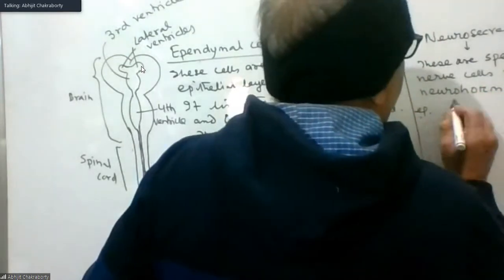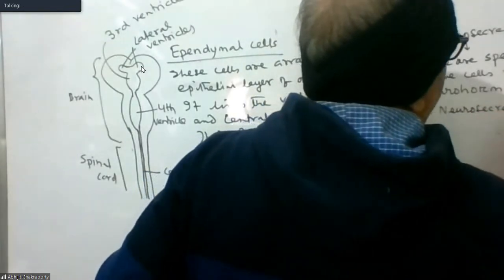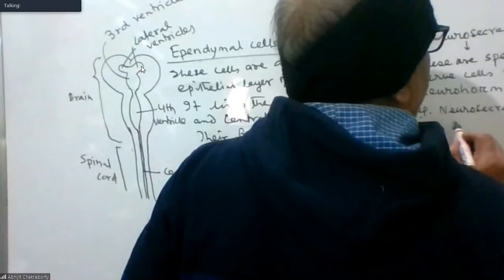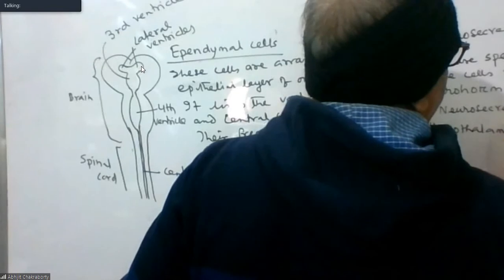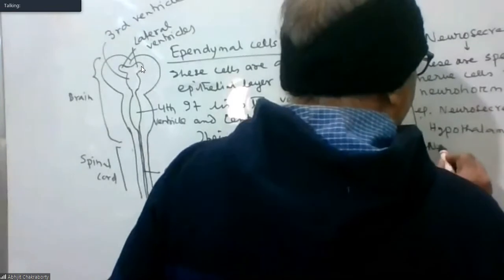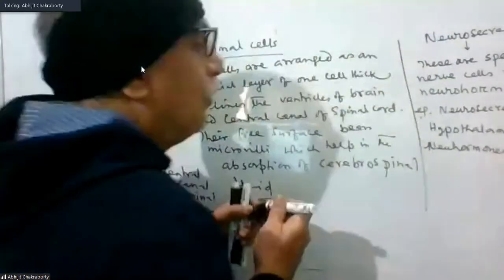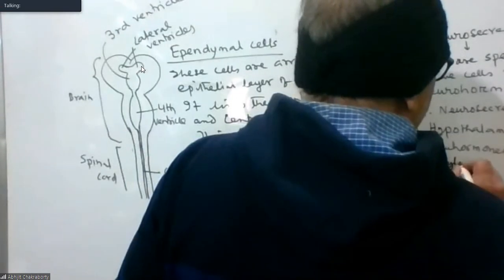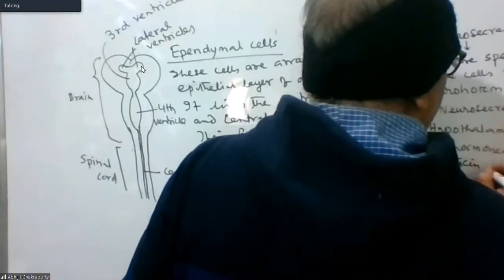Example, neurosecretory cells of hypothalamus secrete neurohormones like oxytocin, ADH.